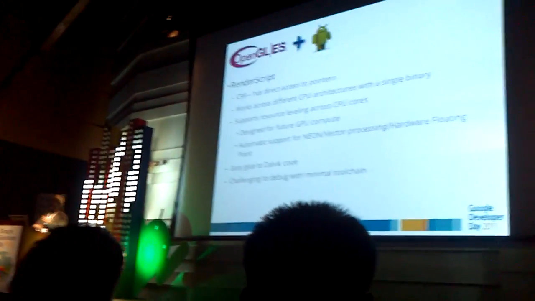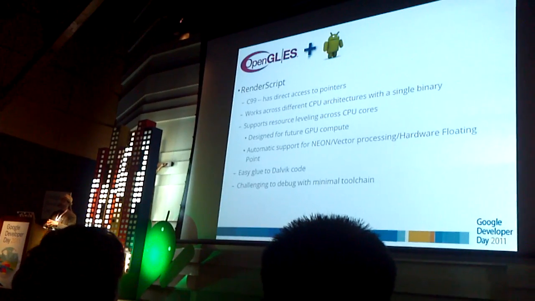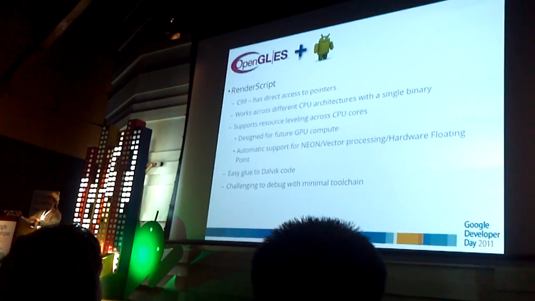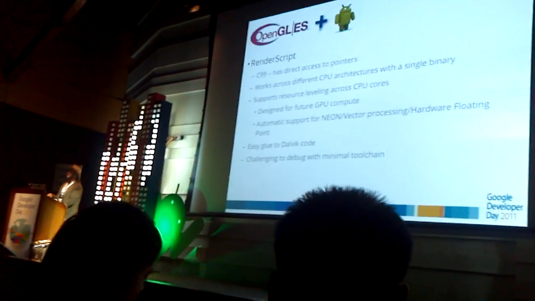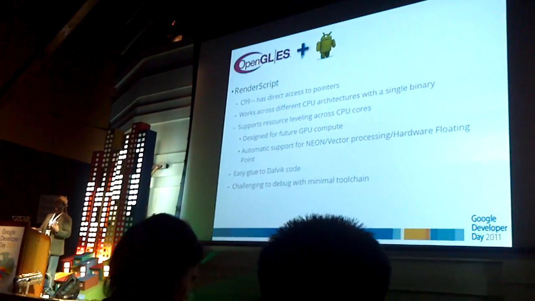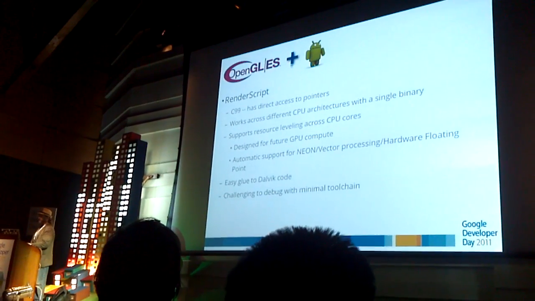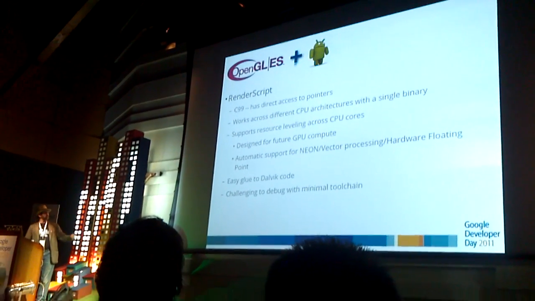Also in the future, we're going to have multiple NEON and vector processors. So we're going to be able to use this to help write code automatically to help your application take advantage of hardware floating point, NEON code, multiple CPUs. In other words, it's kind of complicated. But this is the future.